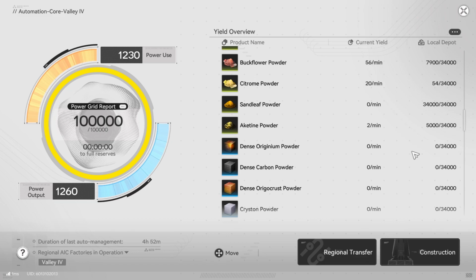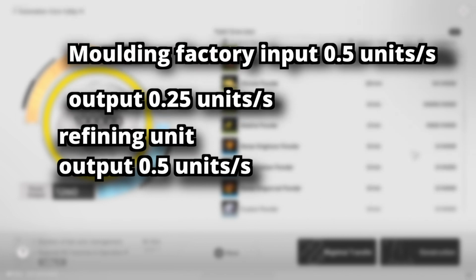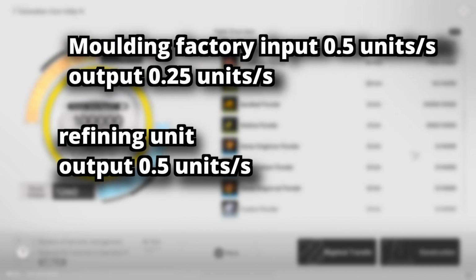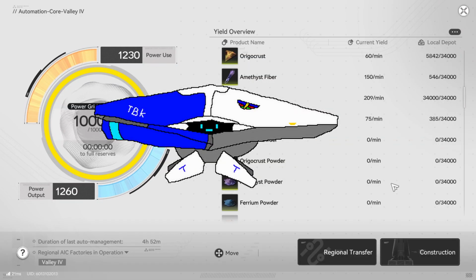So for example, if a molding factory requires 2 refinings, instead of having 2 refinings, you have 1. This will nerf the efficiency of the production line by half, which also means you're nerfing the daily efficiency by half. And I want you to do that until you have enough storage for your daily output to not max out the storage.